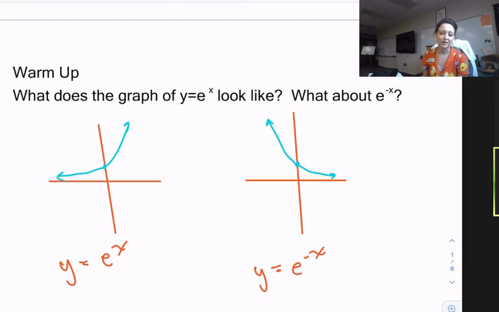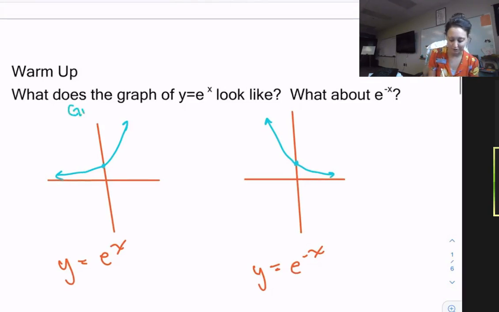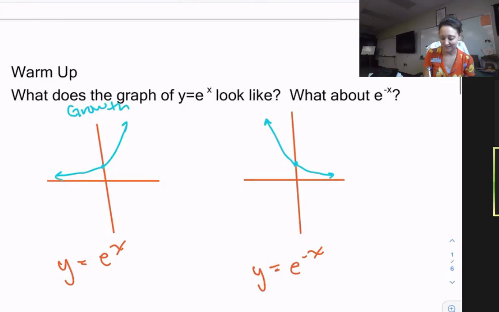Alright, so I've got kind of a rough sketch of y equals e to the x over here, which is exponential growth. That would be the general shape, whether your base was e, or 2, or 3, or 10. And on the right-hand side, I've got exponential decay.